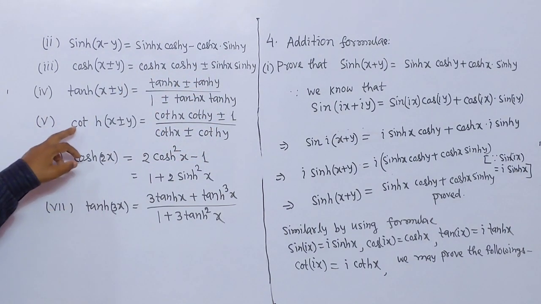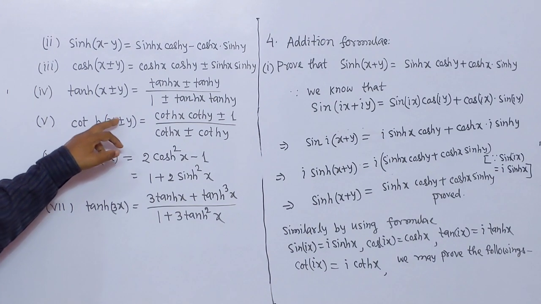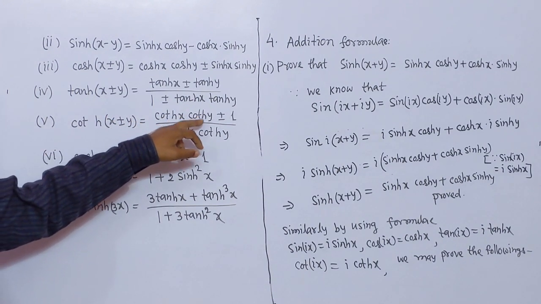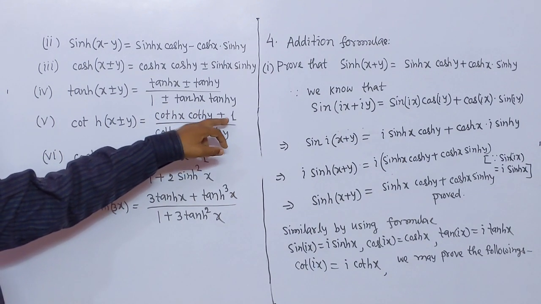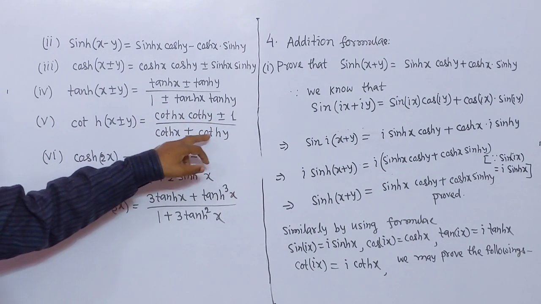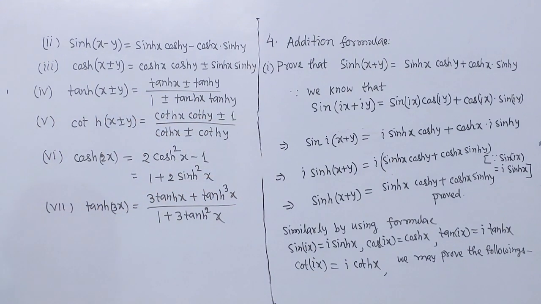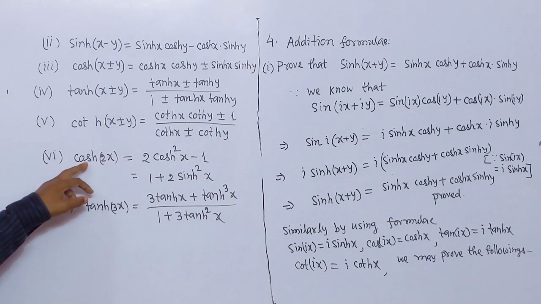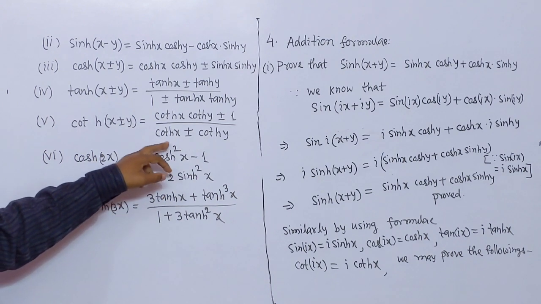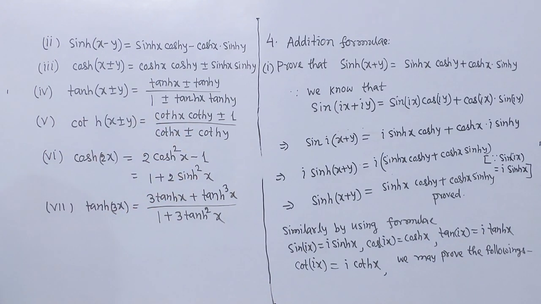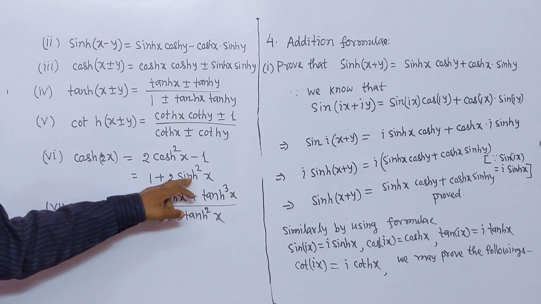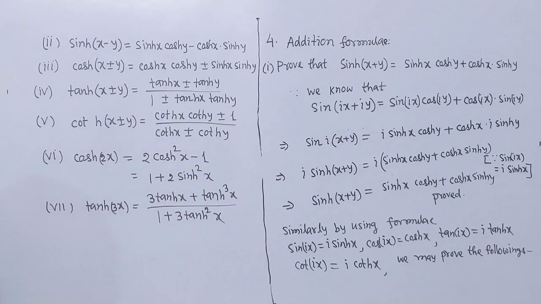Number 5, coth of x plus minus y equal to coth x multiply coth y plus minus 1 by coth x plus minus coth y. Number 6, cosh 2x equal to 2 cosh square x minus 1, and also this is equal to 1 plus 2 sinh square x.